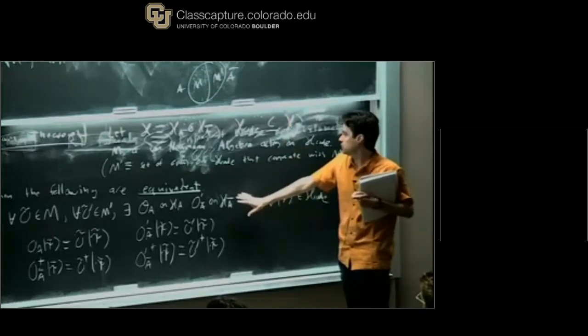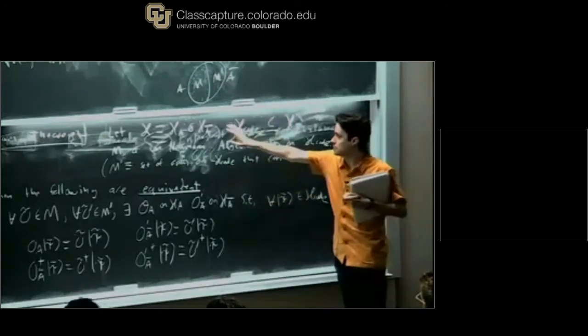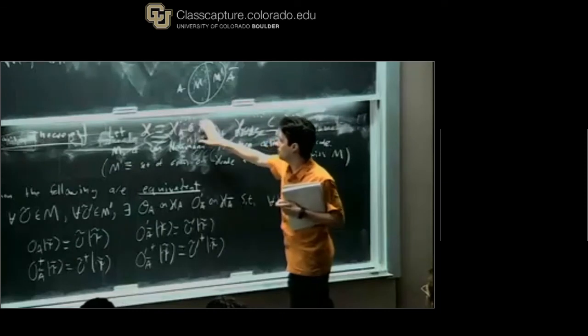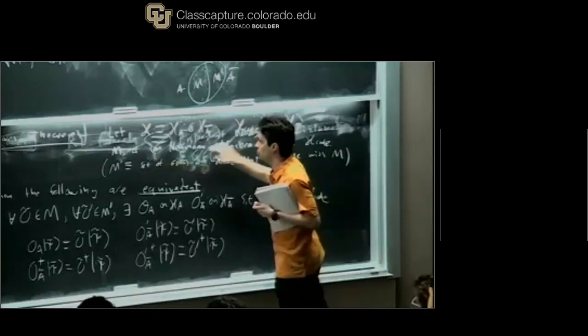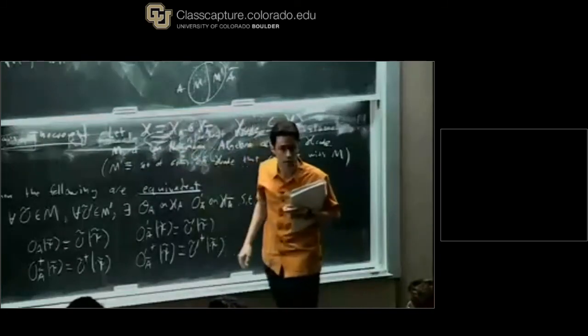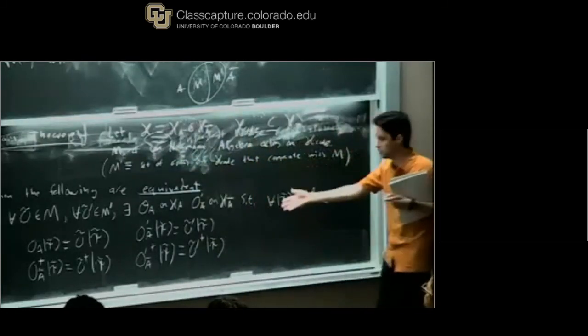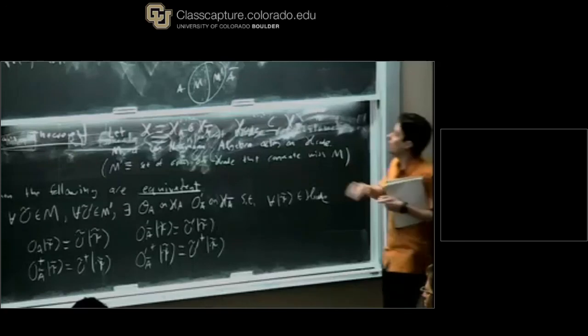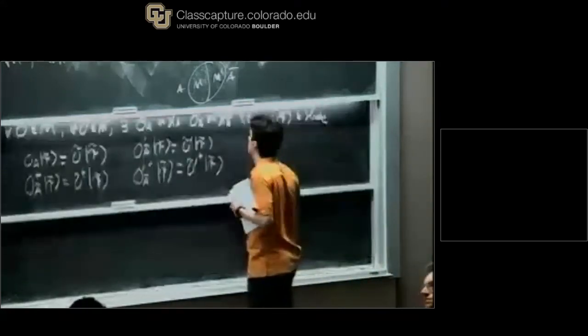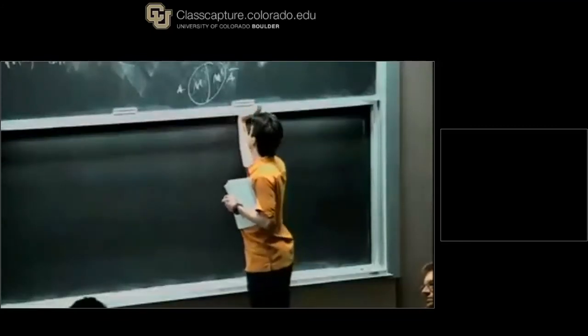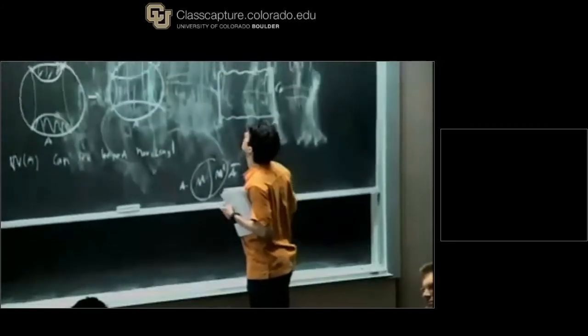This is expressing a relationship between this subspace, this factorization, and also this algebra, which also a priori had nothing to do with this tensor factorization. Okay, so we're expressing a relationship between them. All right. Okay, so that's the first thing.